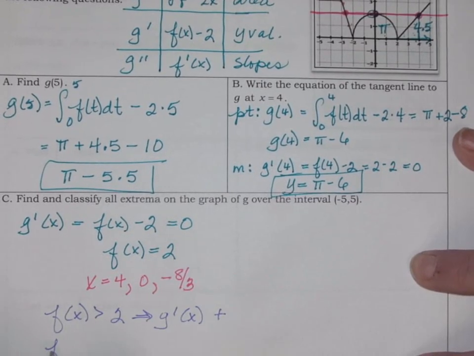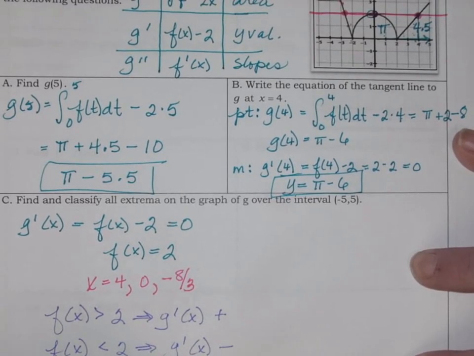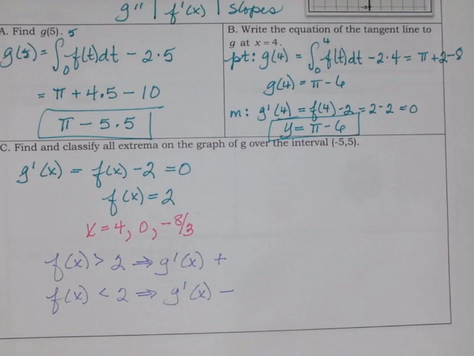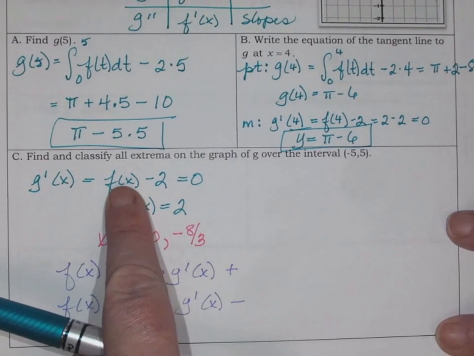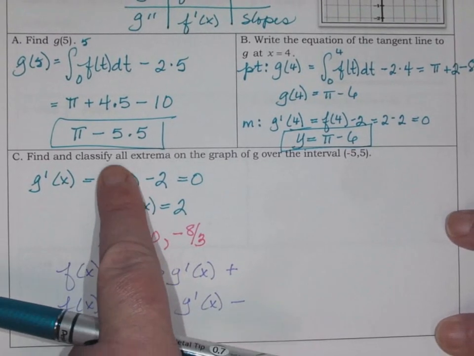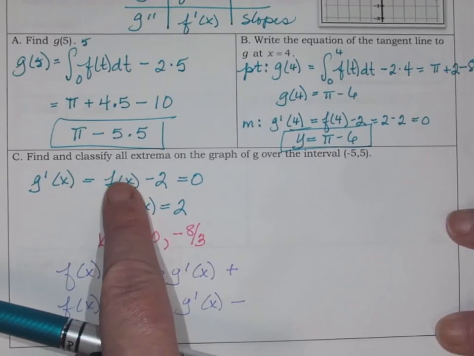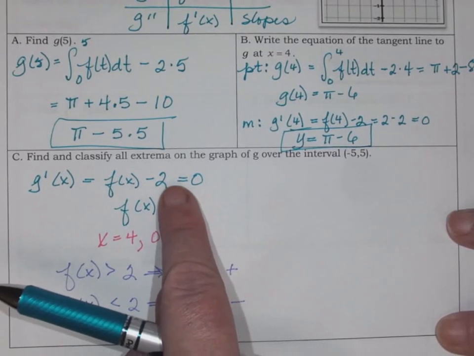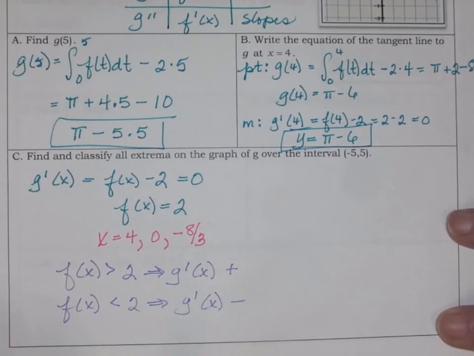When f(x) is less than 2, then g'(x) is going to be negative. Okay, and we're doing that solely based on this equation right here. So if f is bigger than 2, then it's going to be positive because f minus 2 is a positive number. If it's less than 2, then it is going to be negative. All right, so that's what we're looking for: how does f compare with 2?